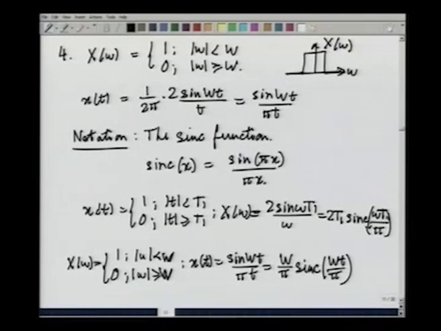So, this is how you make use of the sinc function to denote functions of the form sin x by x or sin pi x by pi x.